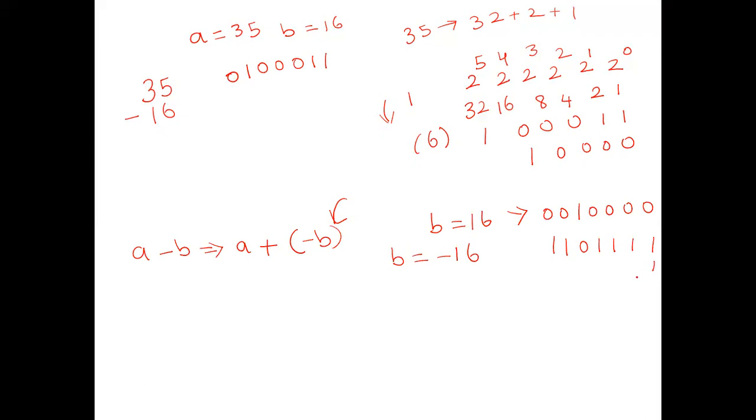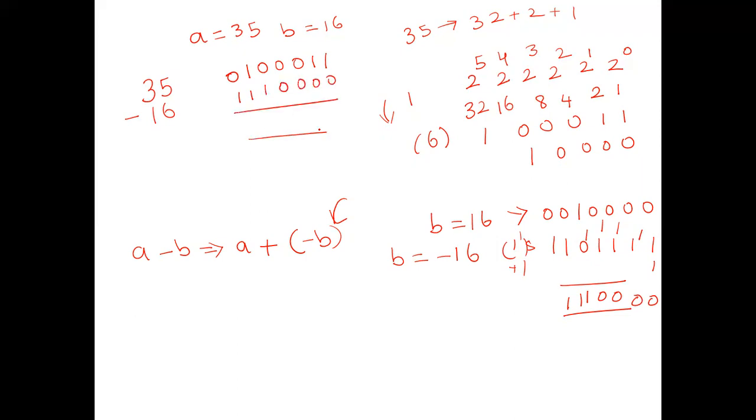I will add 1 at the LSB because it is 1's complement plus 1. So 1 plus 1 is 10, again 10, again 10, and the answer is 1, 1, 1, 0, 0, 0, 0.